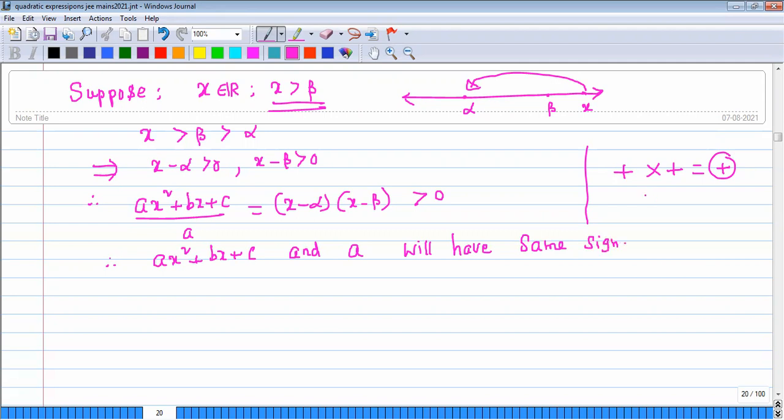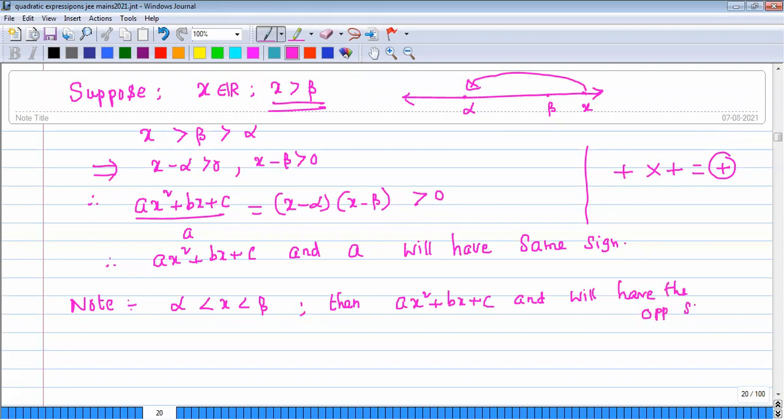So now what do we conclude? In a very simple manner, if alpha, beta are the real roots of ax square plus bx plus c equal to 0, one note we can write directly like this. Suppose alpha less than x, x less than beta, then ax square plus bx plus c and a will have opposite signs.